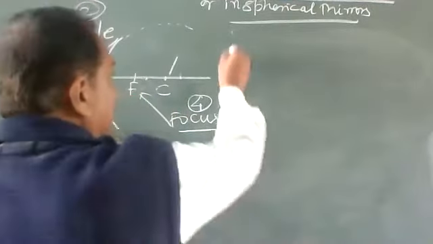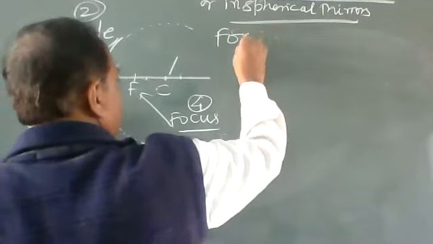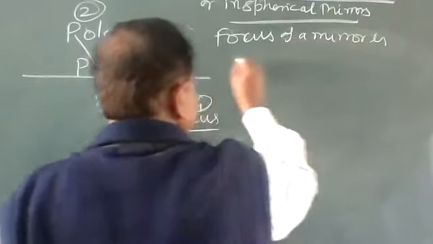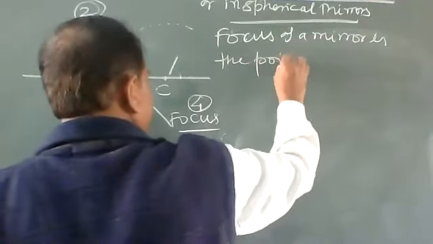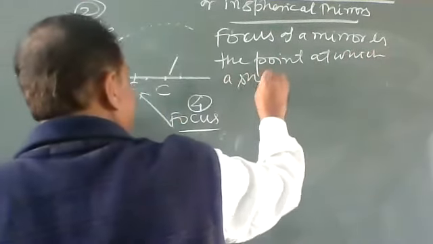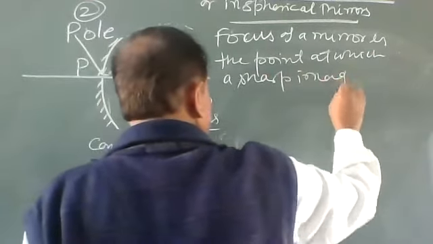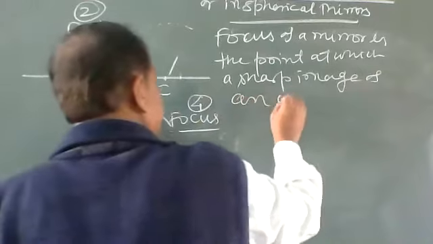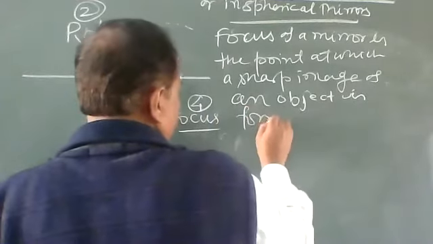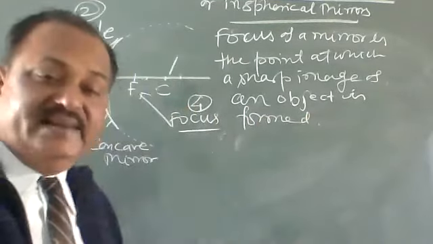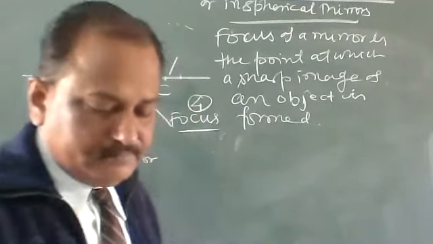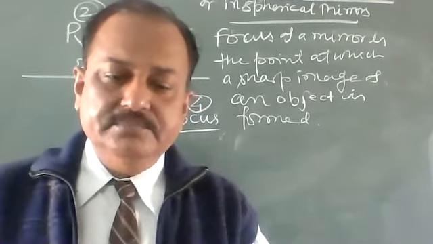This is the second definition: the focus of a mirror is the point at which a sharp image of an object is formed. In my opinion, this second definition is right. Is that clear, children? Yes, sir. Okay.